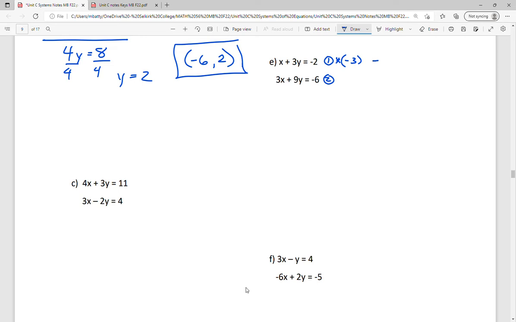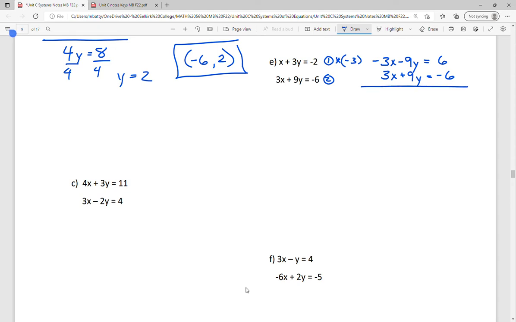So x times -3 is -3x. 3y by -3 is -9y. And -2 by -3 is a +6. So the second one, I'm going to leave as is. And now I'm going to add these ones together.